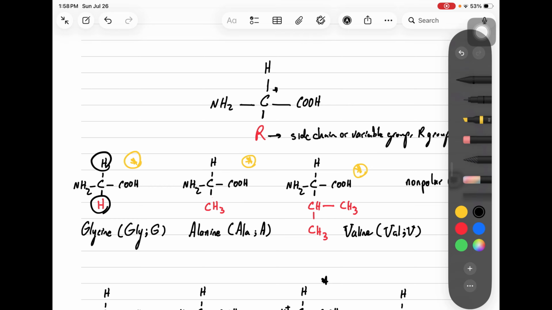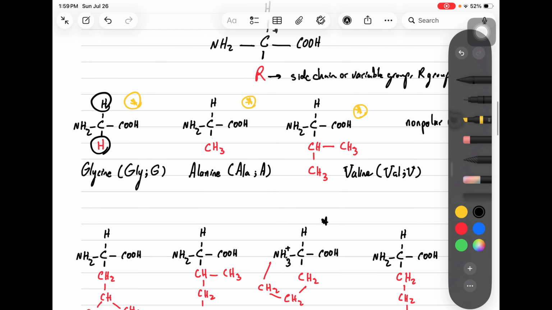See, we have H, we have the carboxyl group, and we have the amine group. We don't have 4 different atoms. Here we have H, methyl, COOH, and NH2, that's 4, but here we have 3. So glycine is achiral, and this is the thing for chirality.